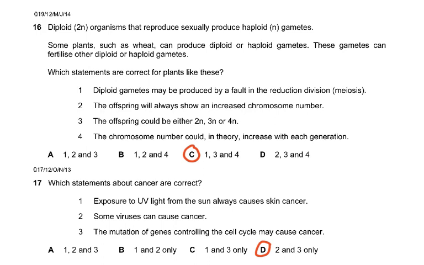Which statements are correct for plants like these? Diploid gametes may be produced by a fault in the reduction division. Yes. The offspring will always show an increased chromosome number, not necessarily. The offspring could be 2n, 3n, or 4n. Yes, that's correct. The chromosome number could, in theory, increase in each generation. Yes, that could be correct, because if a diploid gamete fuses with a haploid gamete, then it's a triploid zygote. You study this in A2 as well.